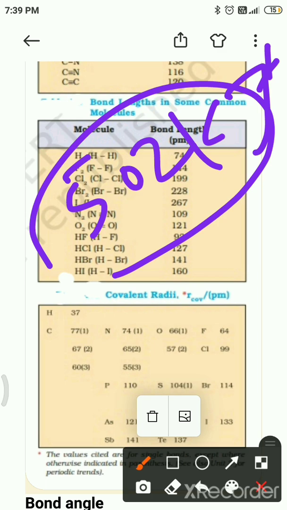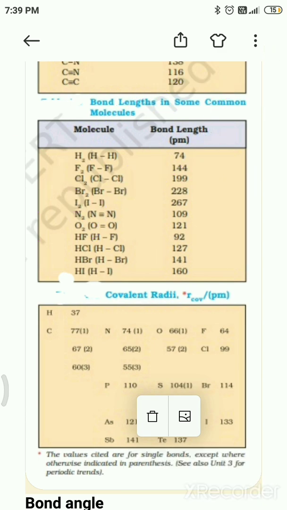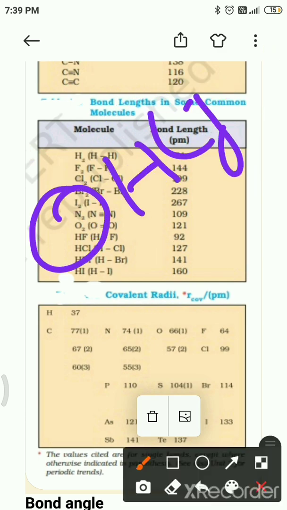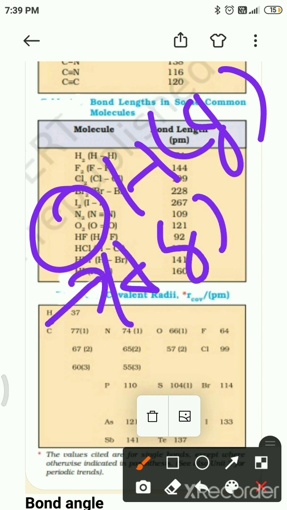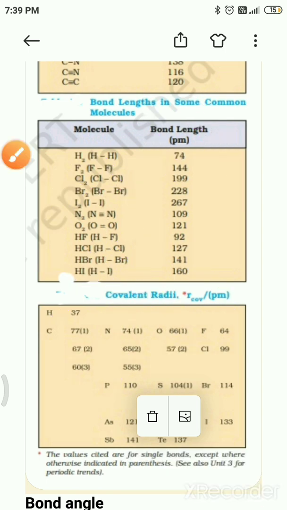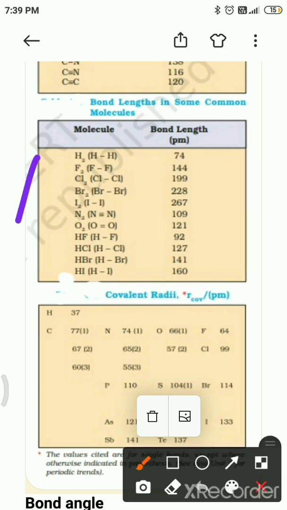In the same way we can write the equation: HO-H in gas form gives hydrogen plus oxygen, having its own enthalpy.